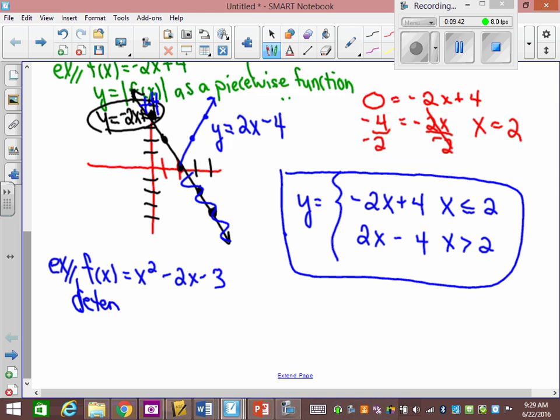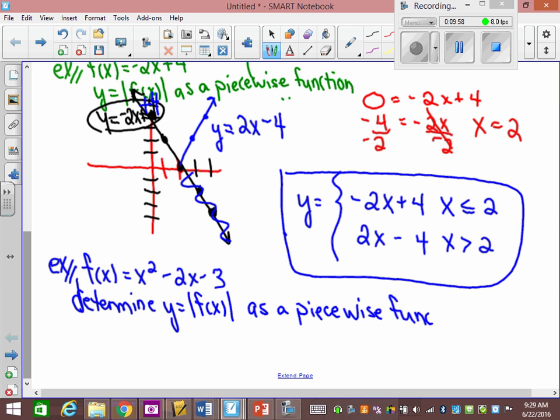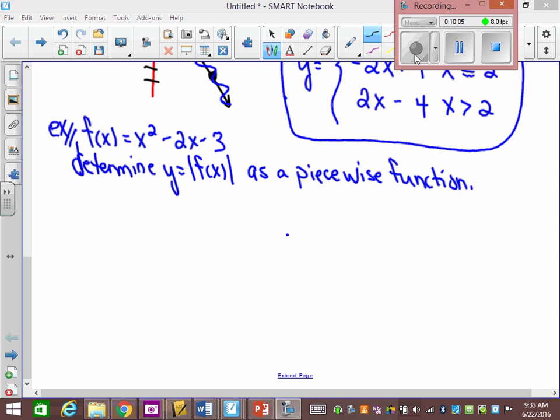Determine y equals the absolute value of f of x as a piecewise function. So try that one out. Same steps.